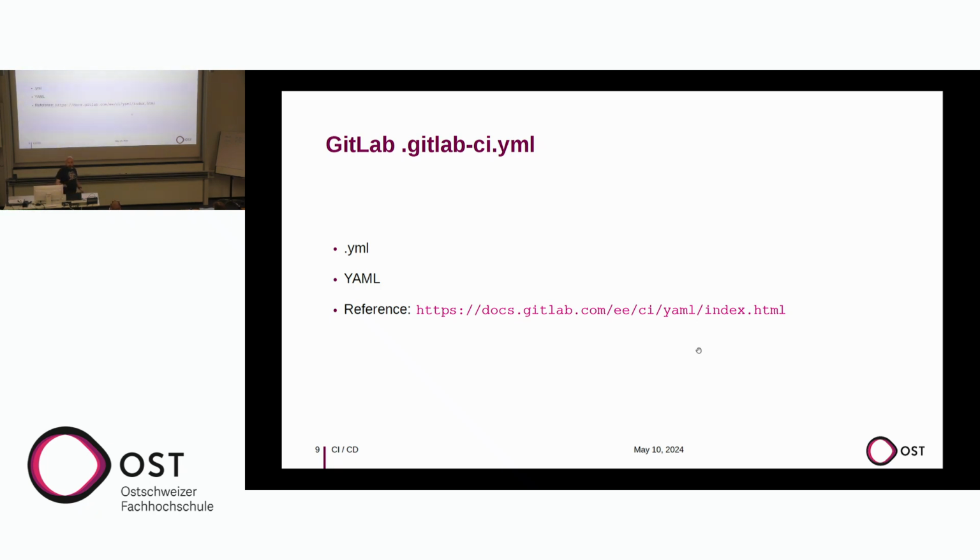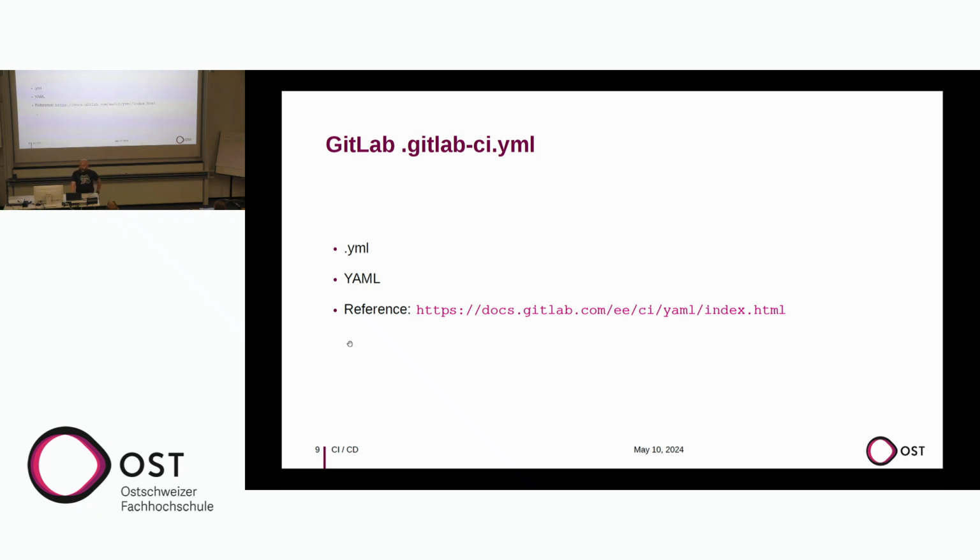So, in the lab you will work with GitLab. Important is that we have the GitLab CI YAML, which is the entry point for our pipeline. One thing you have to be aware of is that the file ending needs to be the short version and not the four-letter version. Otherwise it will not detect the file.